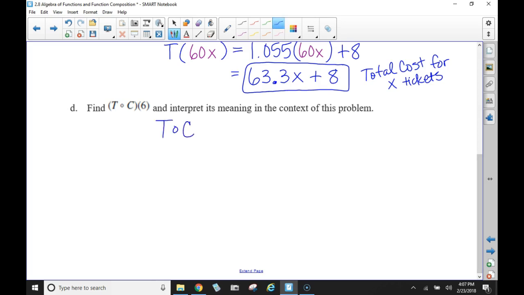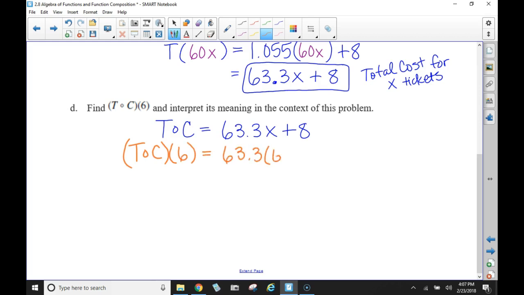On part D, it says to find T composition C evaluated at 6. T composition C, remember, is this 63.3x plus 8. They wanted us to evaluate T composition C at 6. And so that's going to be 63.3 times 6 plus 8. Let's see, 63.3 times 6 is $379.80.